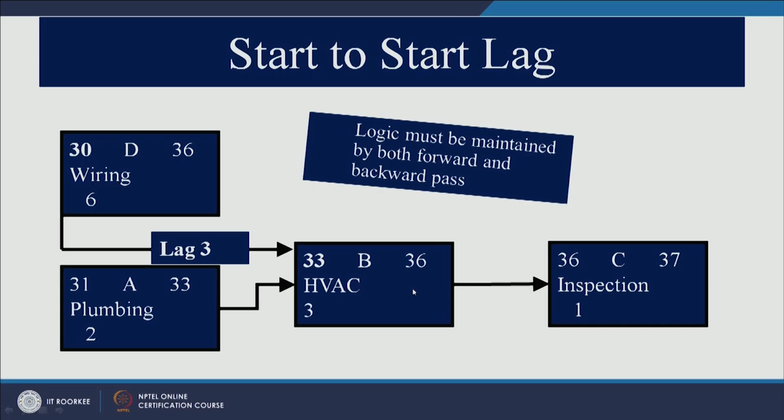So, there is a lag of 3 days between the start of wiring and activity HVAC. So, this is taking 30 to 36, this is 31 to 33 because the duration is 2, right.